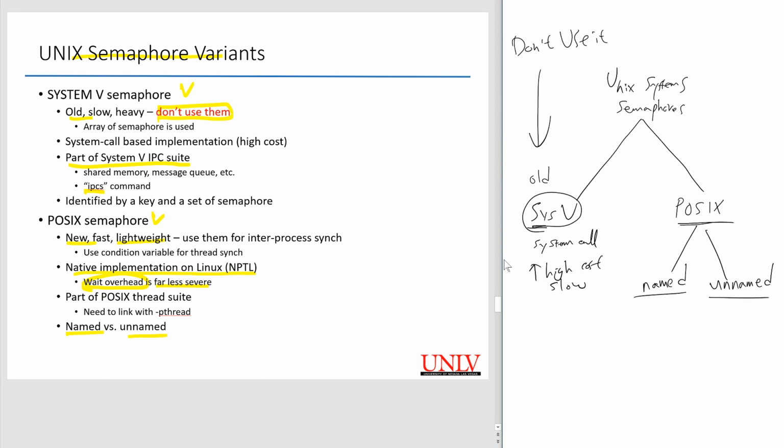The only difference is that the named semaphore is associated with a file name entry, so you can utilize the file system naming facility to locate and share this POSIX named semaphore among threads and among processes. On the other hand, an unnamed semaphore doesn't have an associated file system entry, and instead you just share the pointer of this semaphore instance.